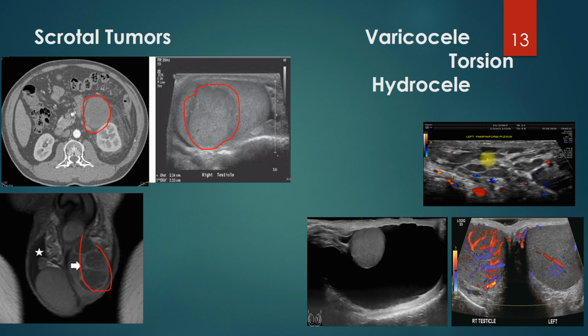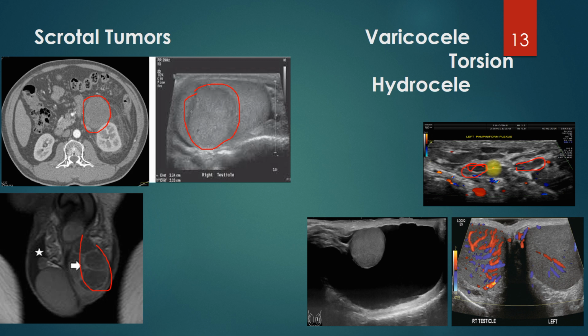Here are the dilated veins due to varicocele, and look for these dilated veins. Usually the diagnosis of varicocele is clinical, but sometimes we need to do color Doppler ultrasound for those with subclinical varicocele.